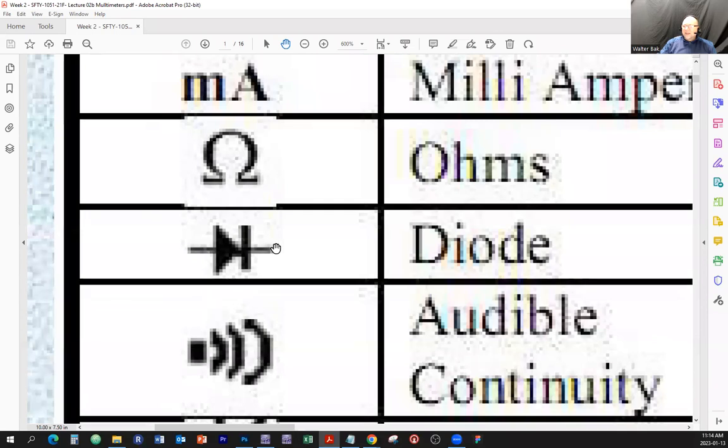In forward biasing, you apply the positive terminal to the positive side and the negative potential to the negative side, and the diode conducts. If you reverse the polarity, the diode prevents conducting. The positive side of the diode is called the anode, and the negative side is called the cathode.